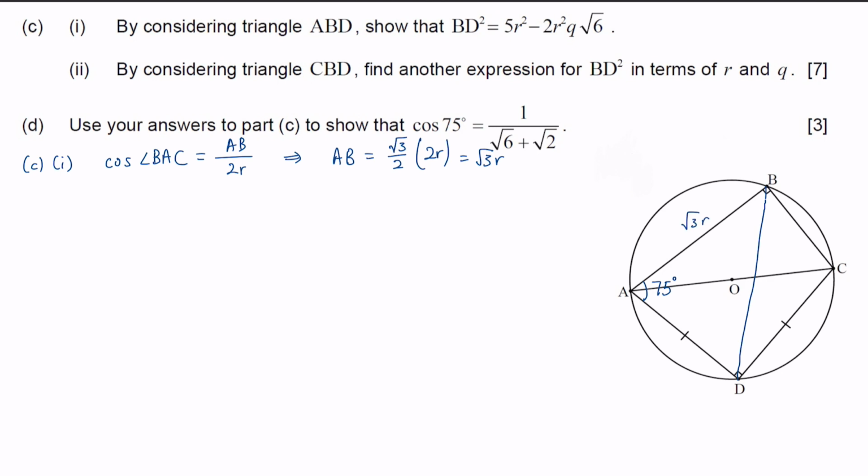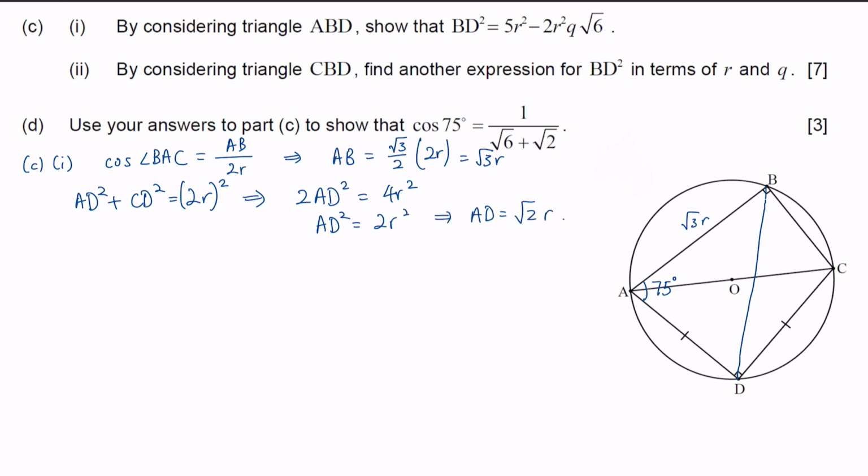At the same time, we can also find the side AD. AD squared plus CD squared is equal to (2r) squared by Pythagoras theorem. So this means 2 times AD squared, because AD equals CD, equals 4r squared. So AD squared equals 2r squared, and therefore AD equals root 2 r.